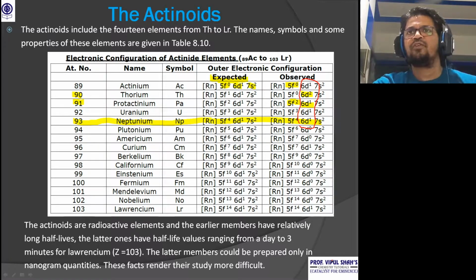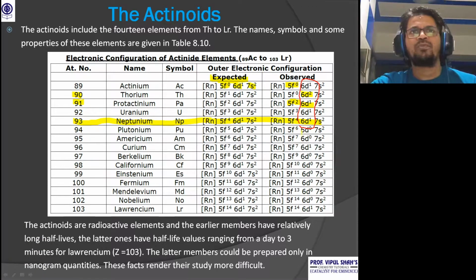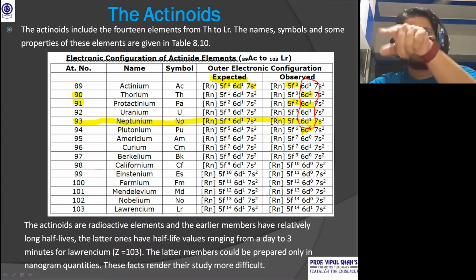Alright, this 6d1 is retained. Is this clear? That's the part. In fact, one exception, that is thorium, where it becomes 6d2. And again, people, the next one, when it starts at plutonium, it becomes 6d0, and that shifts back to 5f.